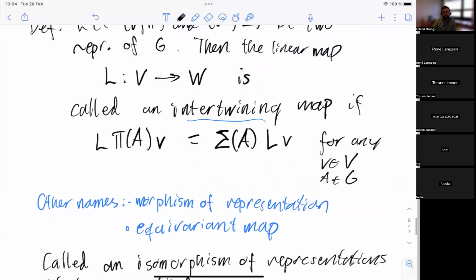So this is how we consider two representations to be the same: we have this intertwining map and we can invert it to get a new intertwining map. Then we say that two representations are the same, so they are isomorphic.